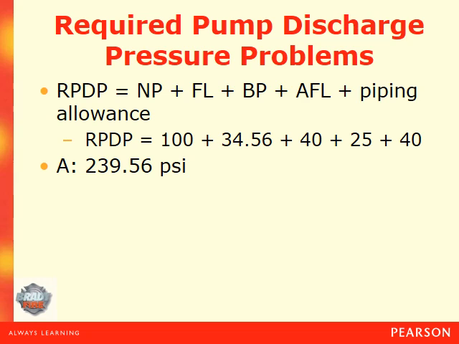Our nozzle pressure, 100, plus our friction loss, plus our appliance friction loss, and our piping allowance that they gave us from the manufacturer. So that's 100 plus 34.56 plus the appliance plus the piping plus the back pressure gives you a total of 239.56 pounds per square inch.